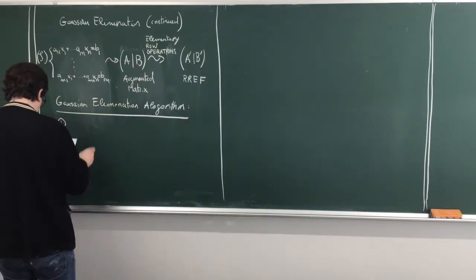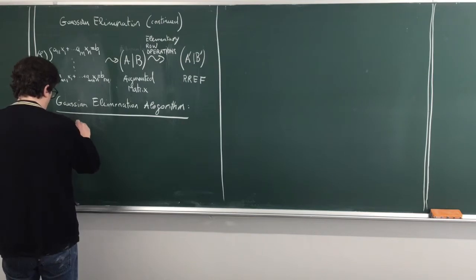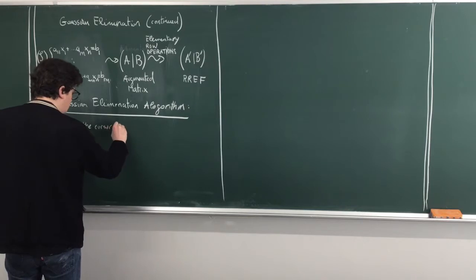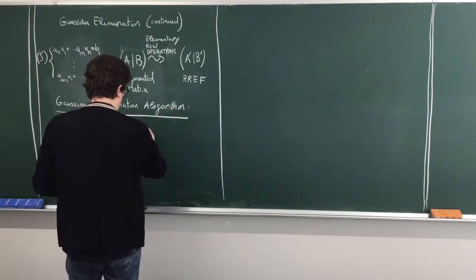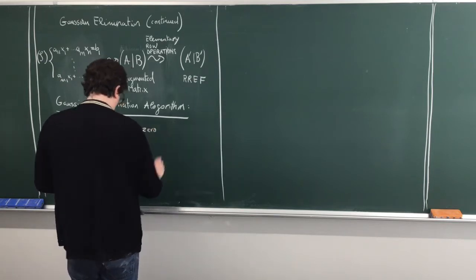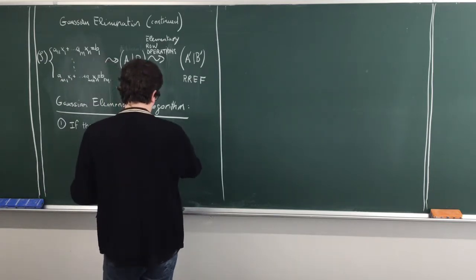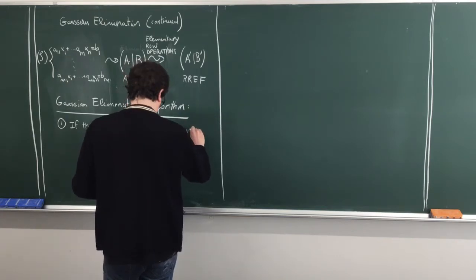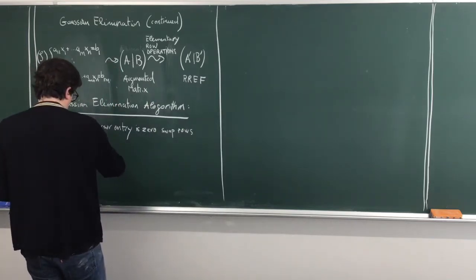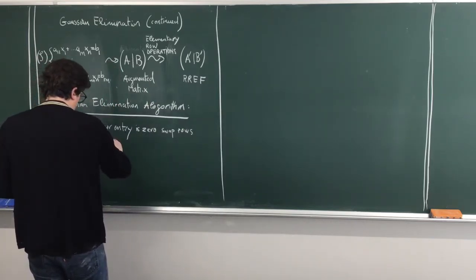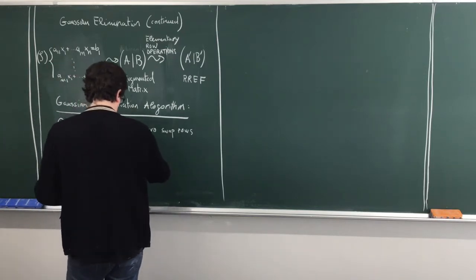First, step one: if the cursor entry is 0, then we swap rows to get a non-zero cursor entry.